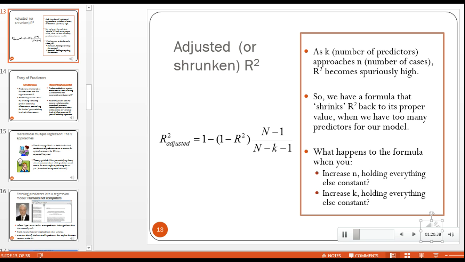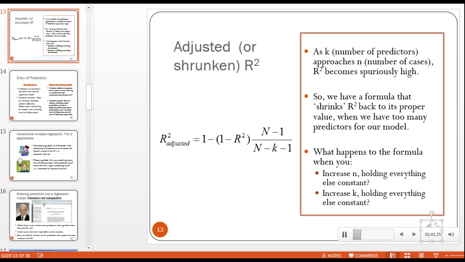You would run all 45 predictors, and then we have an artificially inflated R squared. So we have the adjusted R squared that shrinks the R squared back to its proper value so that we can trust what it's saying.